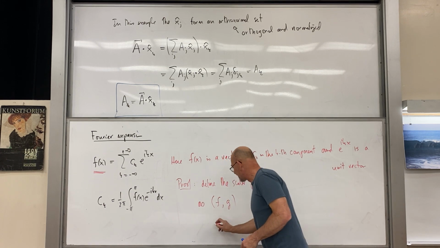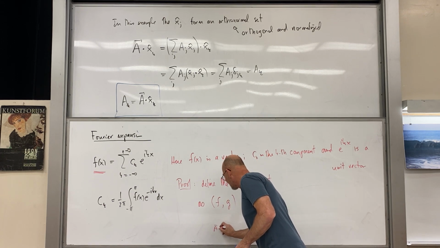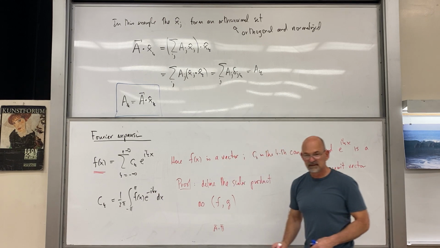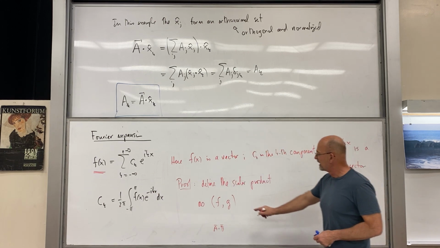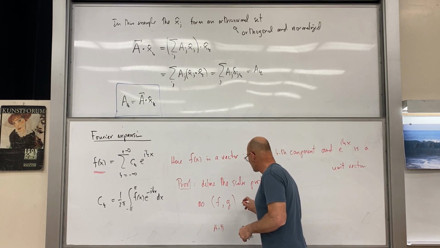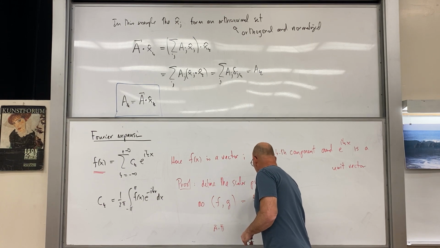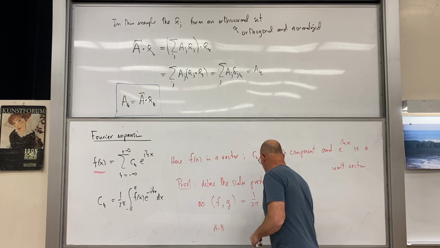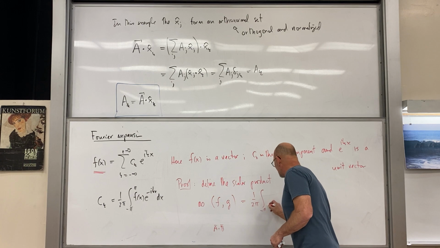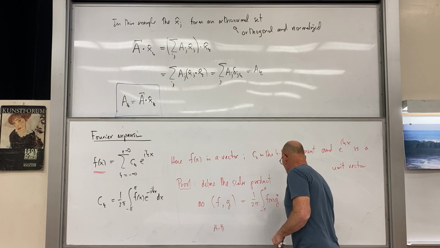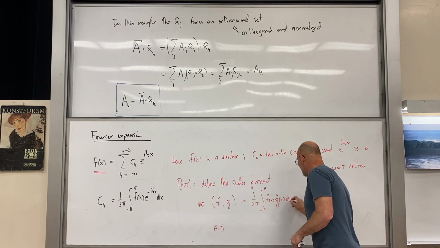Okay, that's just like a dot b in our previous world. So f comma g is the scalar product, and it's defined as 1 over 2 pi, integral from minus pi to pi of f of x times the complex conjugate of g of x dx.